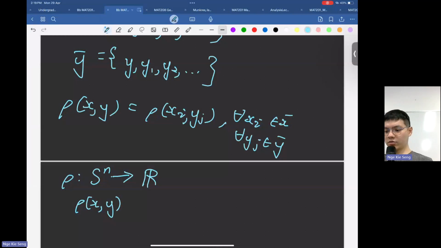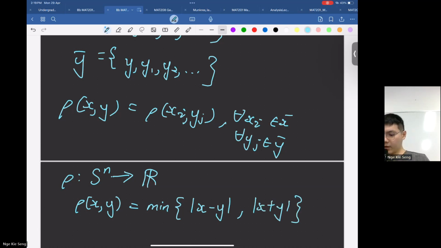You can try to define rho of the two points to be the minimum of the length of x minus y and the length of x plus y. You can check that this is a pseudo metric on Sn. When is it equal to 0 in this case?